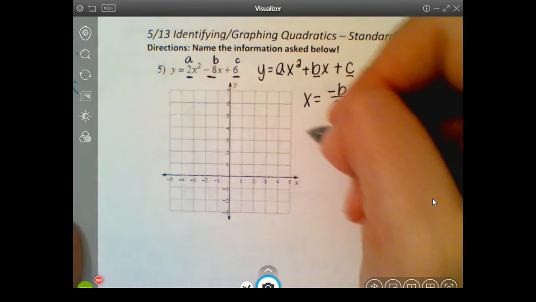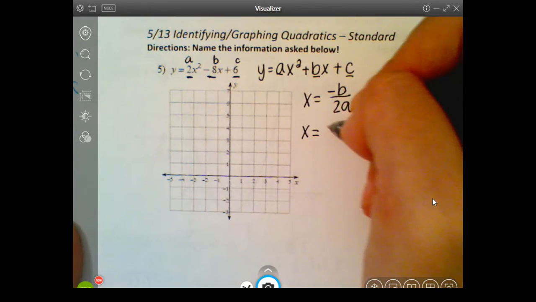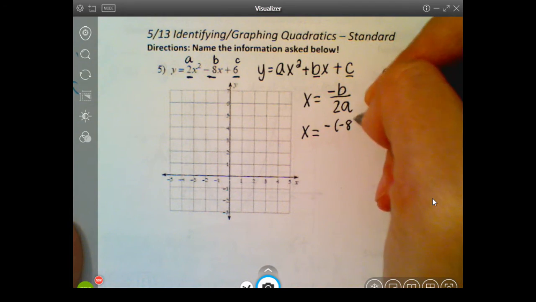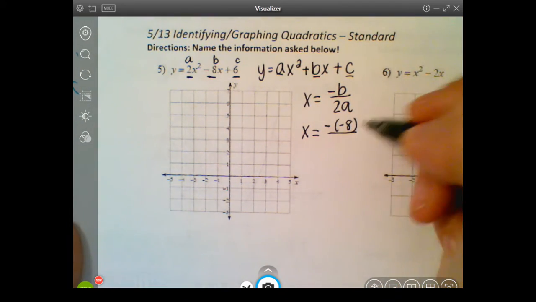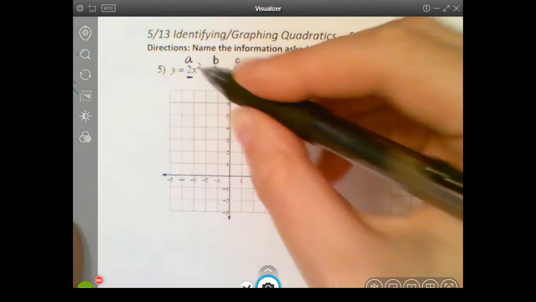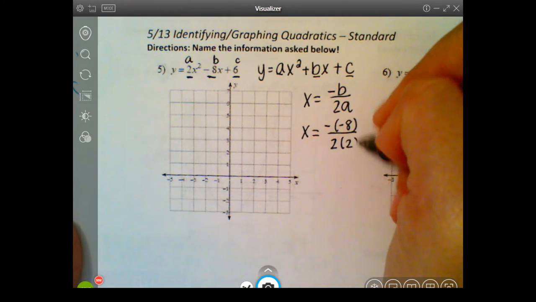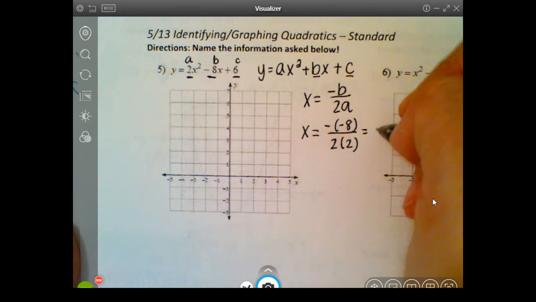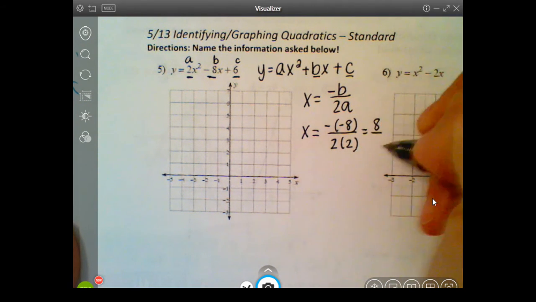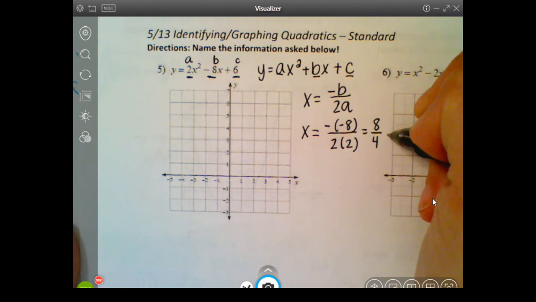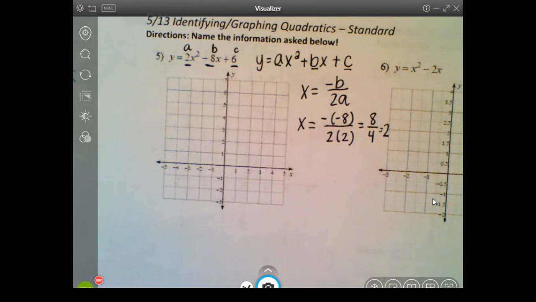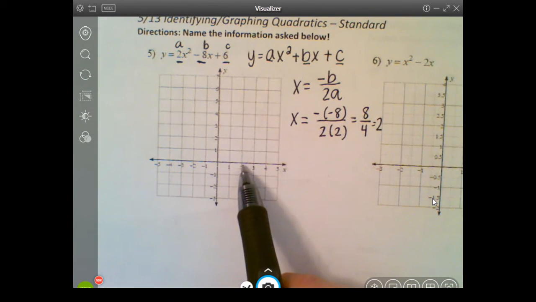So I just simply plug in the information. Negative, and then b is -8, so -8 over 2 times a, which is 2. So -8 turns positive. 2 times 2 is 4, so I get 8/4, which is just 2. Now, what that tells you is somewhere at 2 is going to be the vertex.